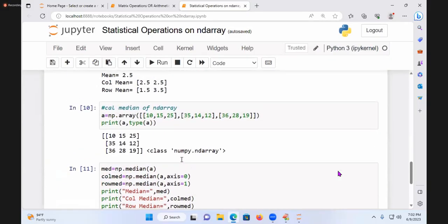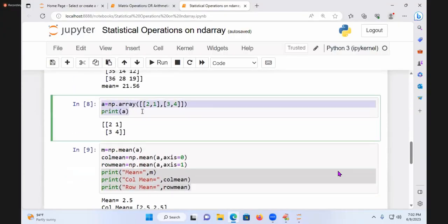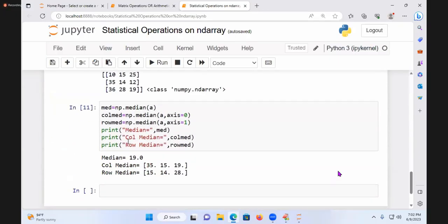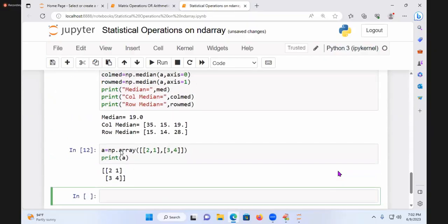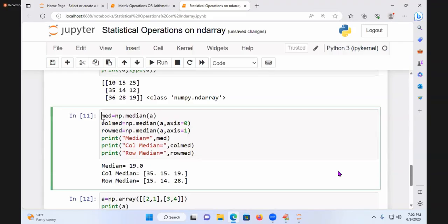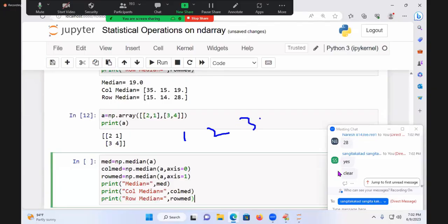Even number of numbers are coming, and I want to take that out. Take this example one more time, since that was an odd-number case. Here I am taking this part. Now you print A. Go through the same process. What are the elements here? 1, 2, 3, 4.